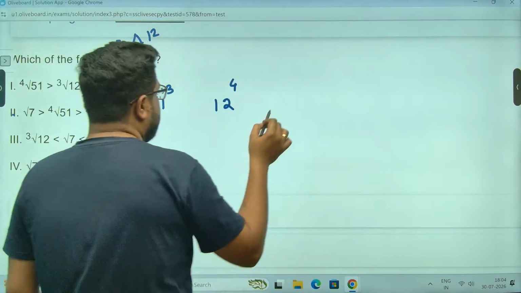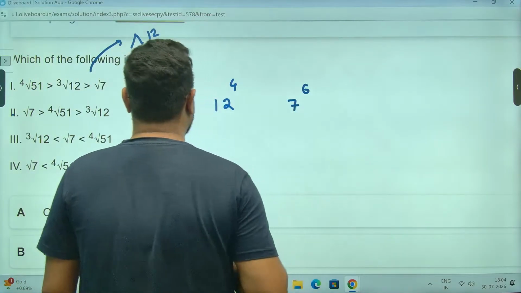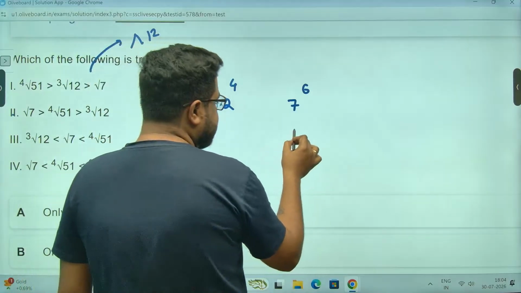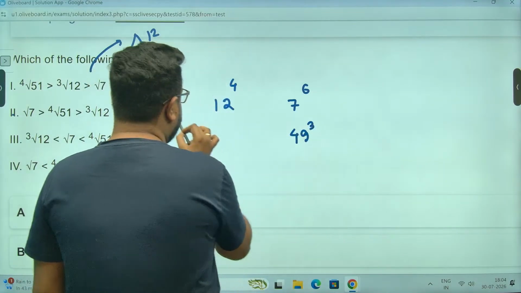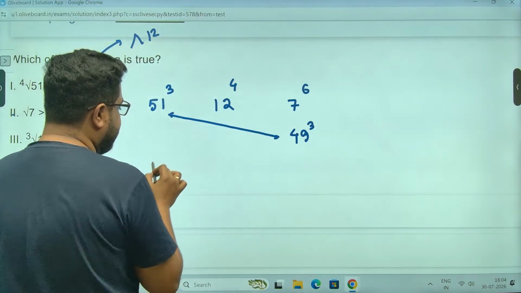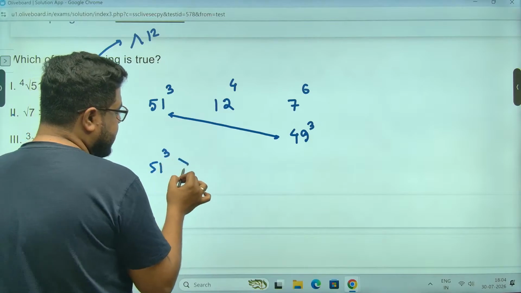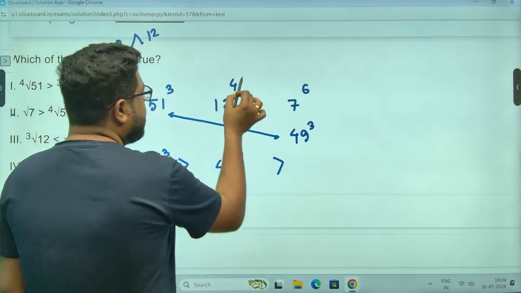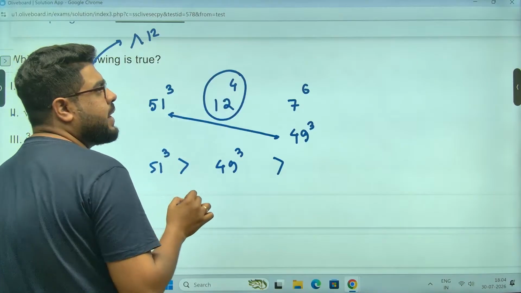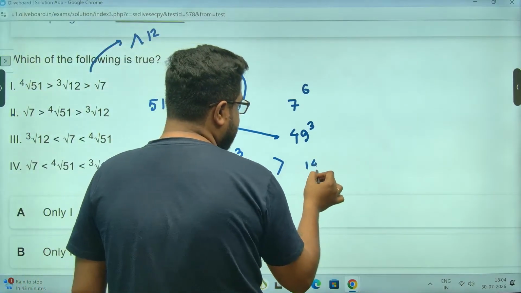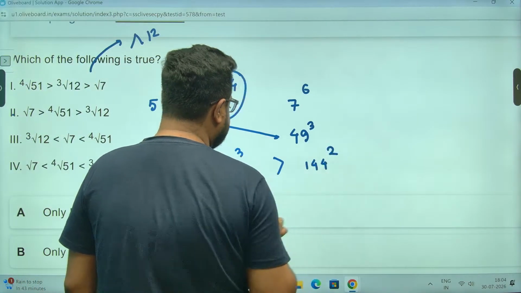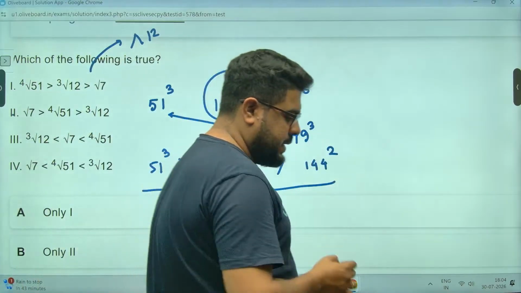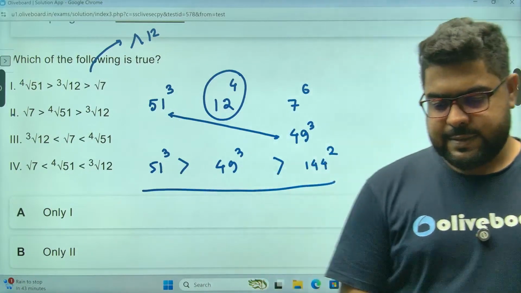And this is becoming 7 to the power 6, meaning 49 cube. 49 cube and 51 cube, definitely 51 cube is greater than this. And 144 whole square, the square will be less. I know 144, but again, that will be less. So this is the order, 100%.